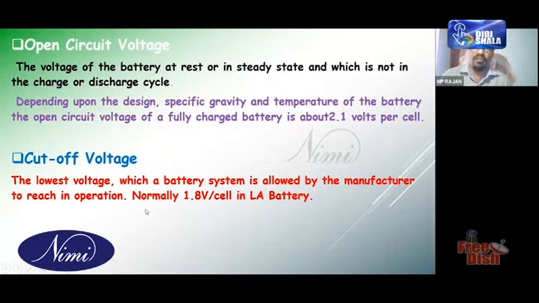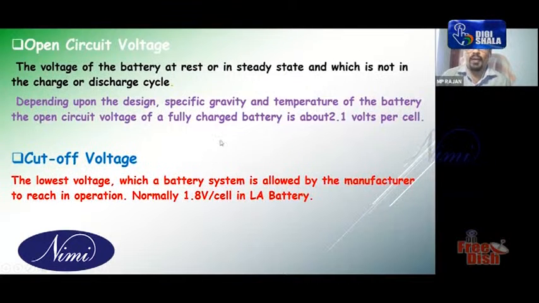Cutoff voltage means the lowest voltage which the battery system is allowed by the company to reach in operation. When we are taking the supply from the battery, the voltage will be getting reduced. How long can we go discharging? In a lead acid battery, we can go up to 1.8 volt per cell, or 10.8 volt total voltage.